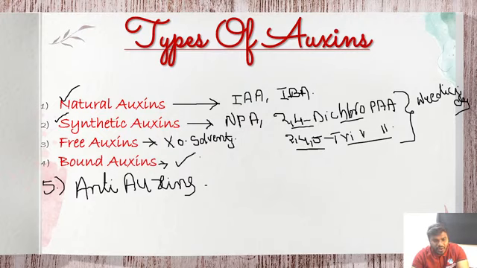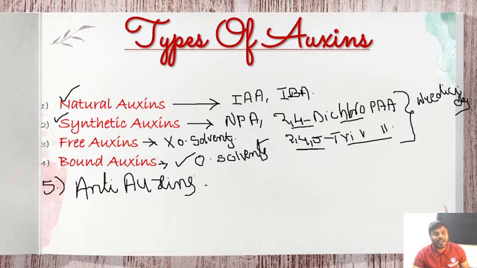Then what do you mean by the word bound auxin? If we want to isolate a bound auxin, we have to use powerful organic solvents like acetone, ethanol, carbon tetrachloride, chloroform, all this. If you ask me for examples of bound auxin, a bound auxin may be natural auxin also, and may be synthetic auxin also. It may be anything, my friends.